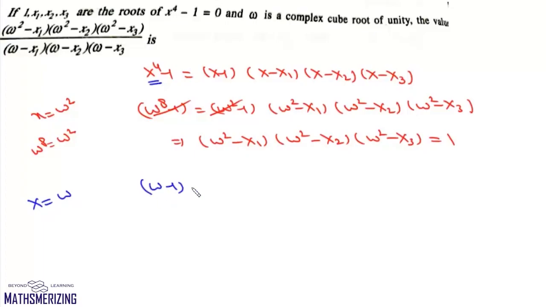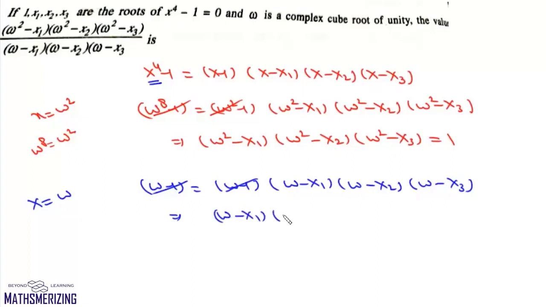So it will be omega minus 1 equals omega minus 1, omega minus x1, omega minus x2 and omega minus x3. Now it'll cancel. So from here we'll get omega minus x1 into omega minus x2 into omega minus x3 will be equal to 1. Now we divide first with second, we'll get this result as 1.